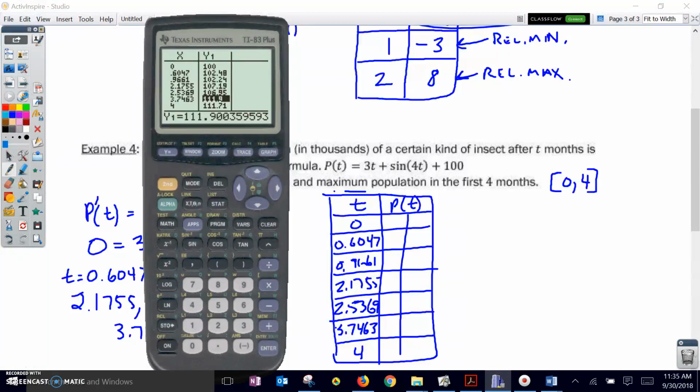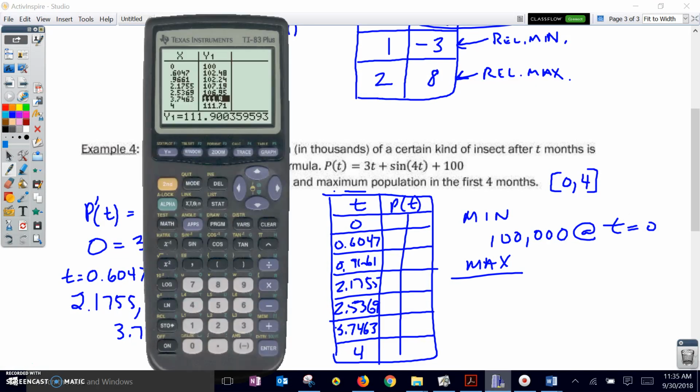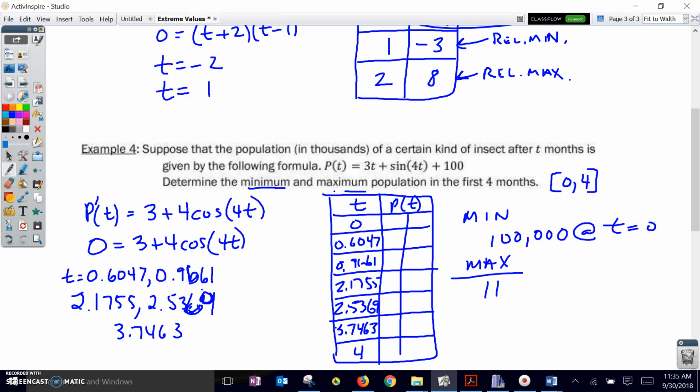And so our min is going to be 100,000 of those insects at time 0. And our max is going to be 111,900 at time 3.7463. Alright, that's the end of that example.